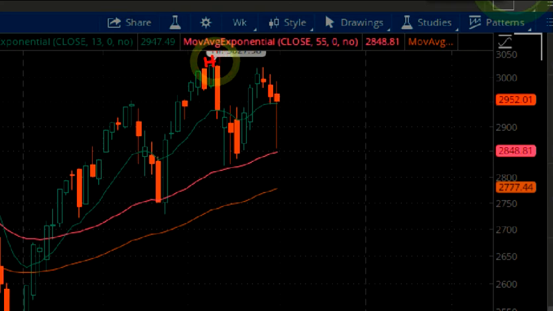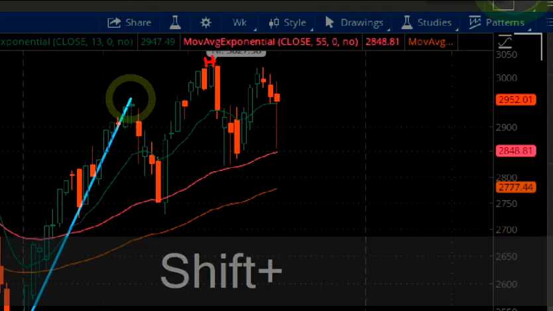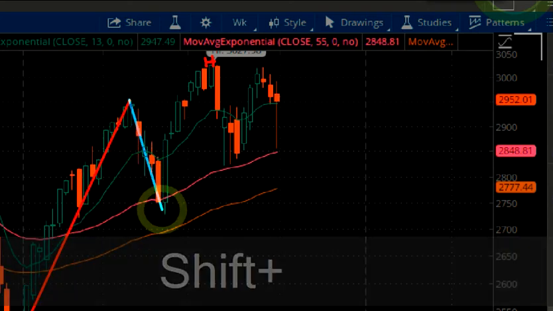This is real important, that you analyze this with an open mind. What we could have going on here is some sort of ending diagonal, where this is wave 1, this is wave 2, this is wave 3, this is wave 4.